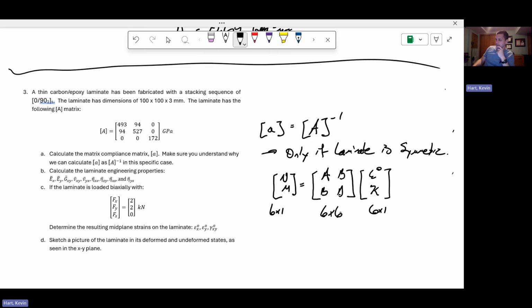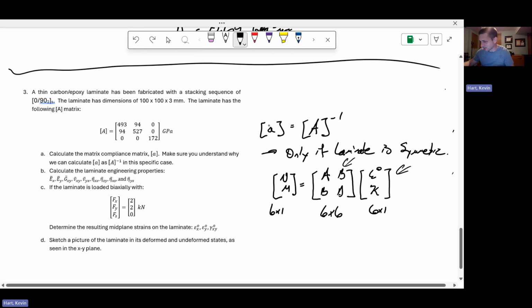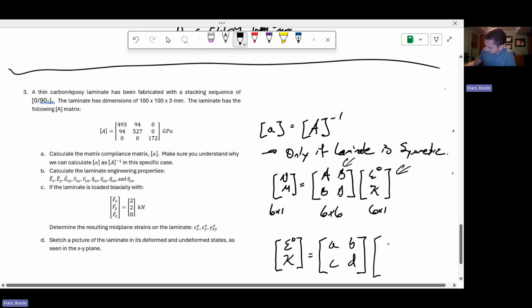So if these were fully populated, like if you had all of the entries in here, then it is not sufficient to say that the little a matrix is the inversion of the capital A matrix. Because if you want to invert this, then the midplane strains and the curvatures end up looking like little a, b, c, and d matrices times N and M. This is the inversion of what you see above.